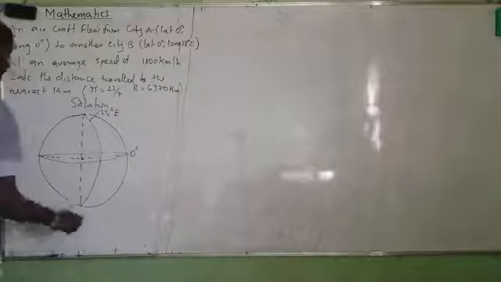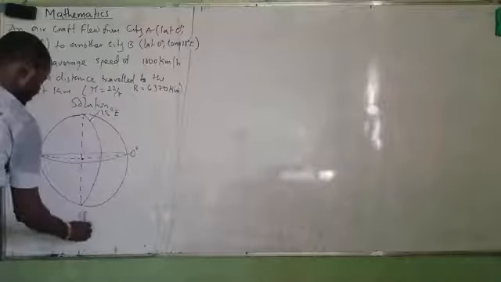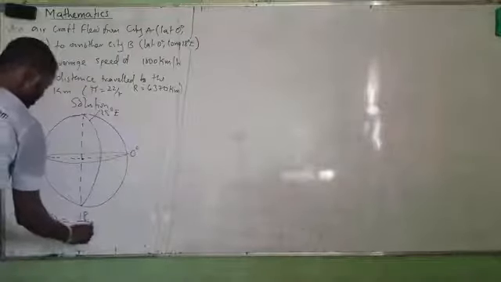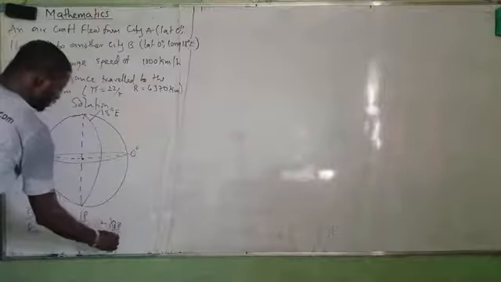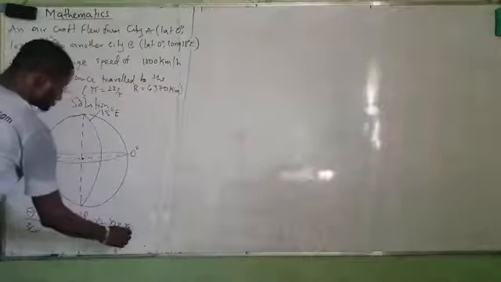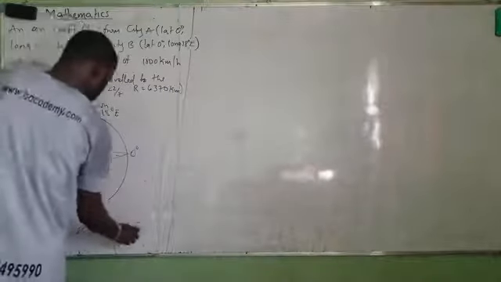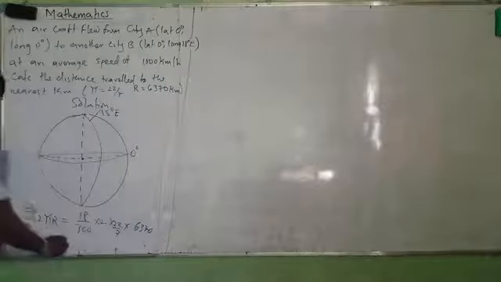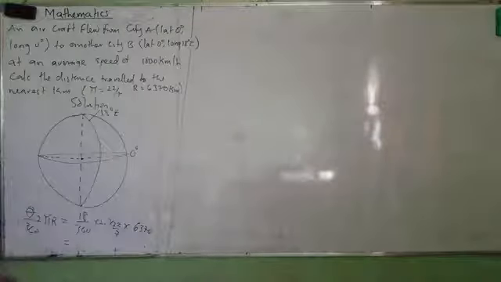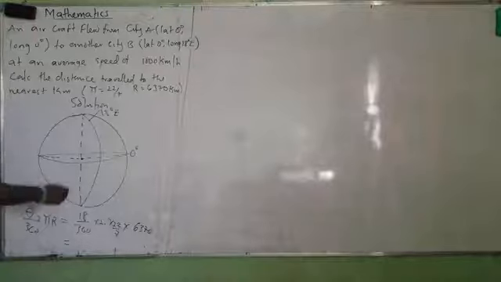Therefore, you are using 18 over 360 multiplied by 2 multiplied by 22 over 7 multiplied by 6,370.